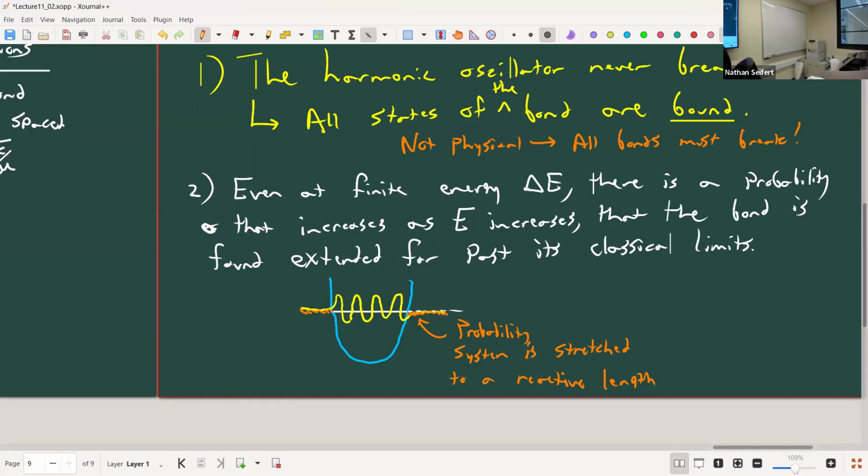All right. But we really need to solve this first problem, the fact that the harmonic oscillator never breaks. By definition, it cannot be a physical model for a bond because a bond breaks. So what we need to do is somehow recover our theory. We need to make an improvement to our theory and understand where the harmonic oscillator approximation applies and where it doesn't apply.